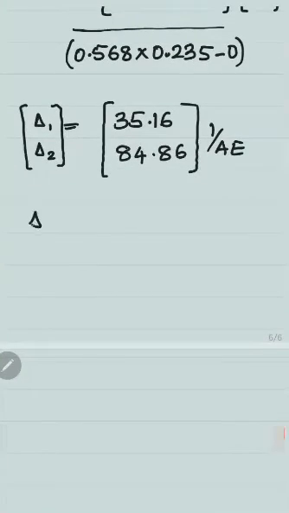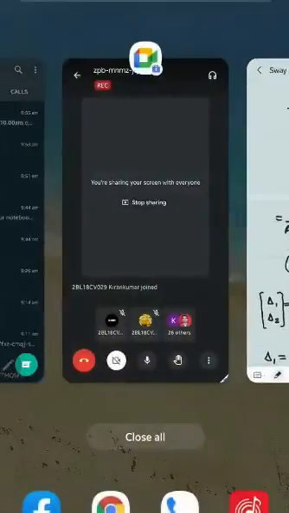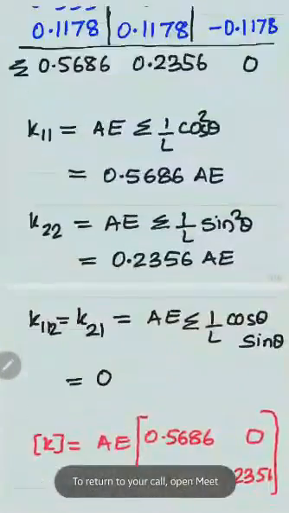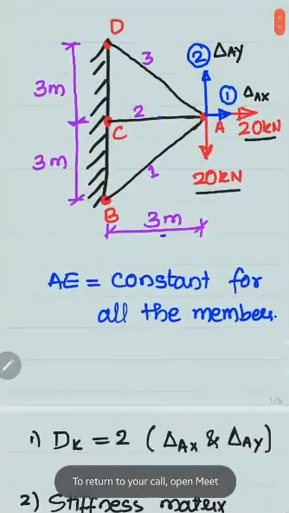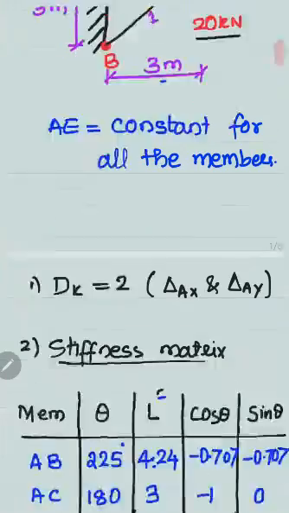Delta 1 corresponds to delta AX and delta 2 corresponds to delta AY, right?